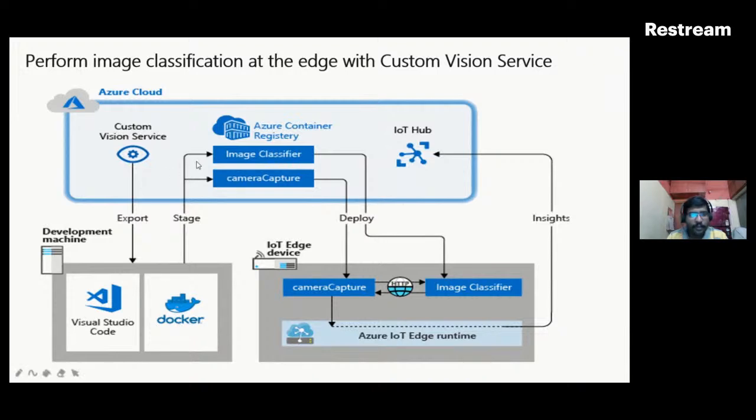From there it is sent to the image classifier and camera capture modules, and then it will be deployed to our IoT Edge device, and this insight is once again sent to your IoT app. This is the flow diagram. The same thing we are now going to implement in this third module session. So this is our final session.